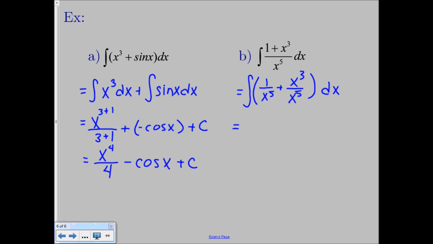And then all we have to do is split up our integral and simplify inside of it, and then use our power rule. So 1 over x to the 5th, we can just go ahead and rewrite that as x to the negative 5th power dx plus x cubed over x to the 5th. All of these can cross out, and they leave us with an x squared in the bottom, which is just going to be x to the negative 2 dx in the next integral.